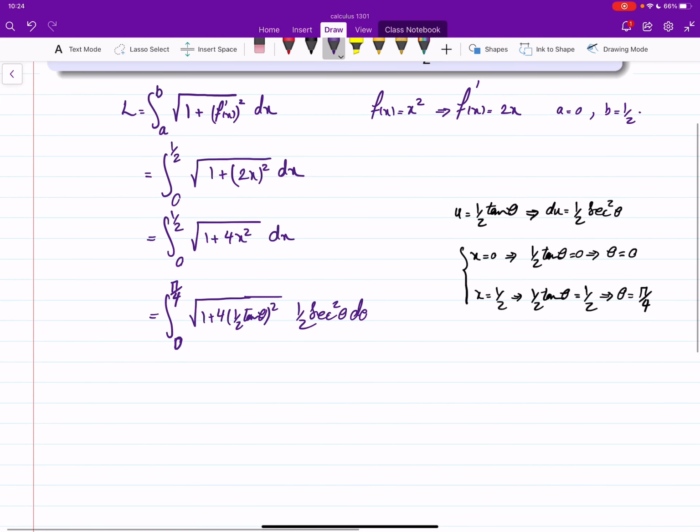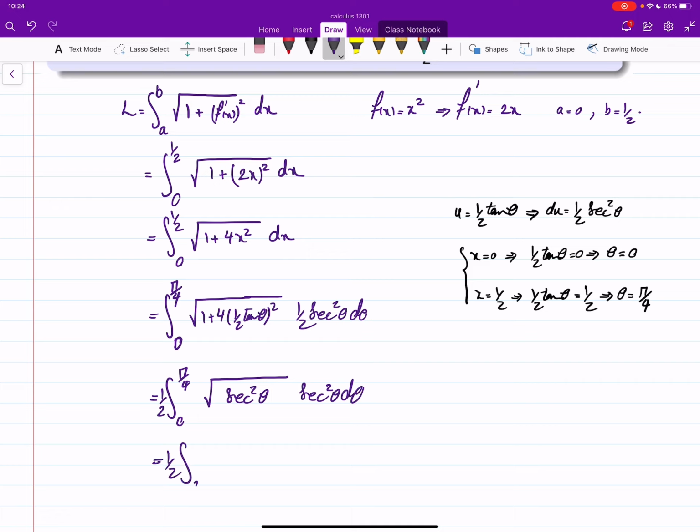Very nice. Now let's apply the substitution. Well, already applied. Apply the identities here. Under the square root, we have 1 plus tan squared, which is secant squared theta. Let me put this half outside, and then secant squared theta multiplied outside.